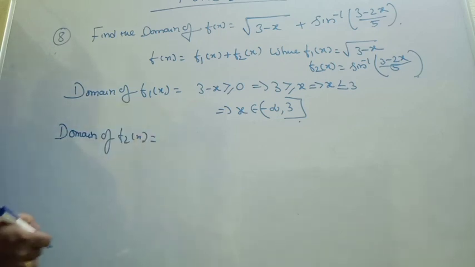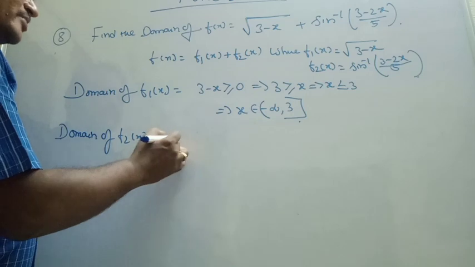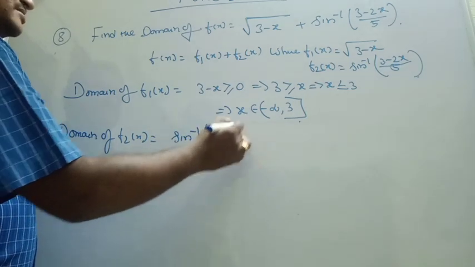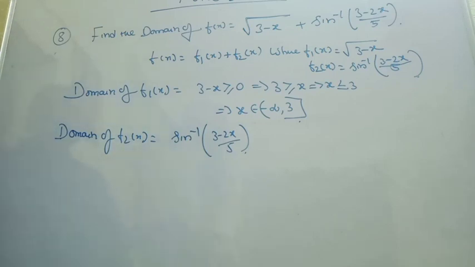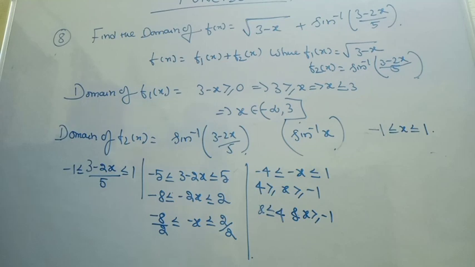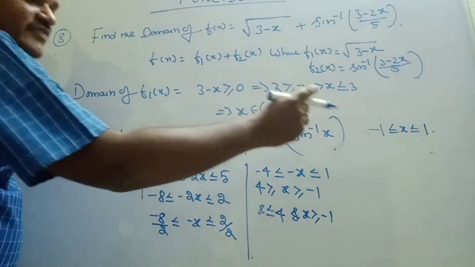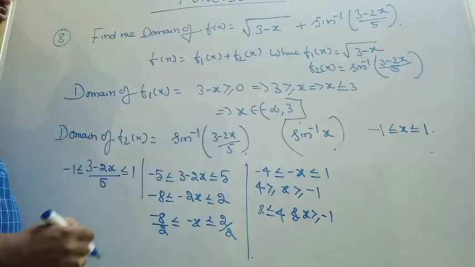f2(x) is nothing but sine inverse of (3 minus 2x) by 5. How are we going to do this problem? Let us observe here. For sine inverse of x, as I told you, minus 1 is less than or equal to x less than or equal to 1.